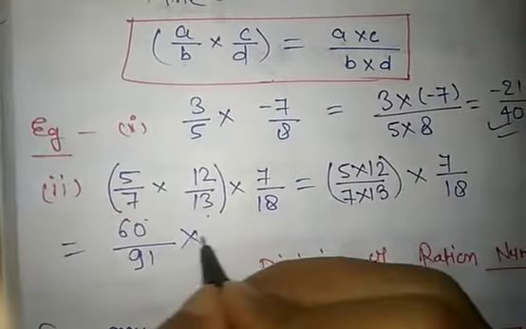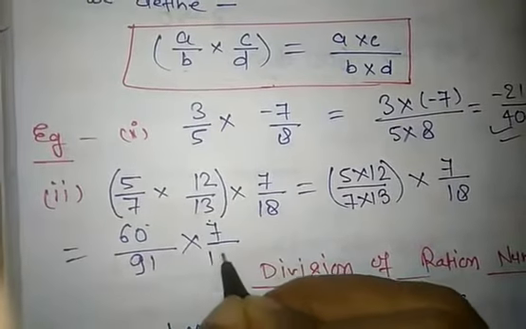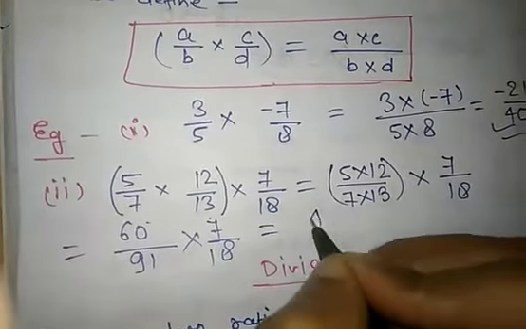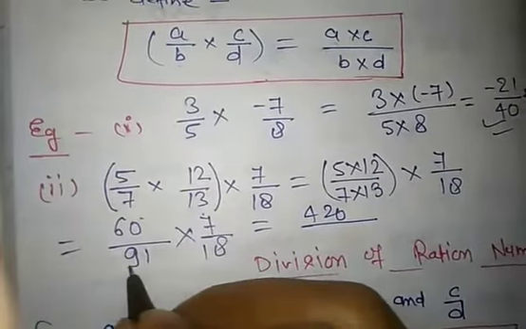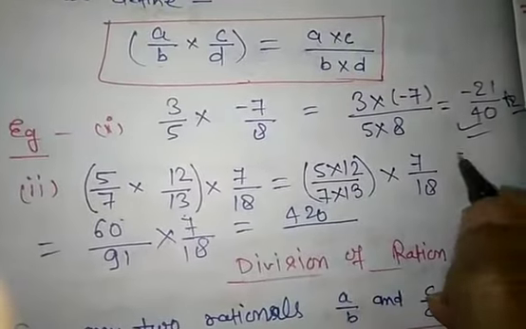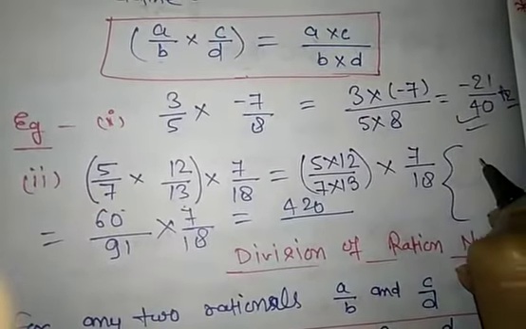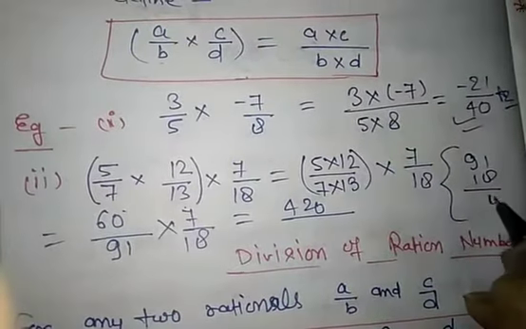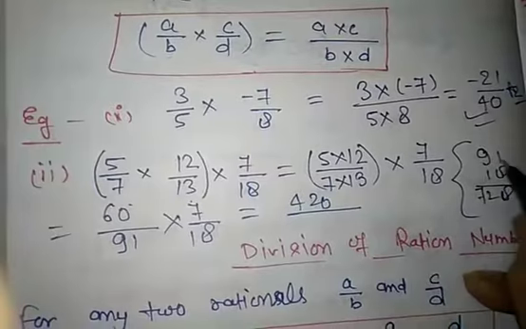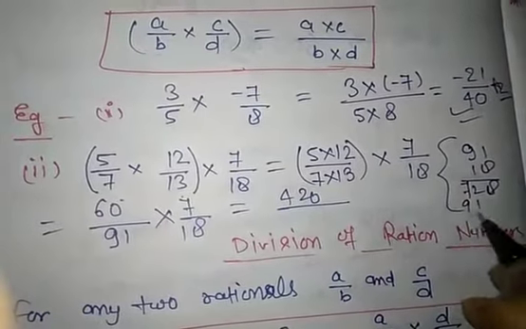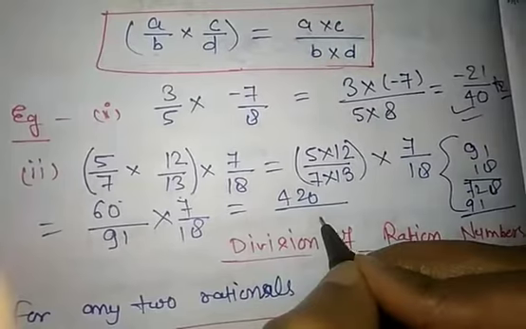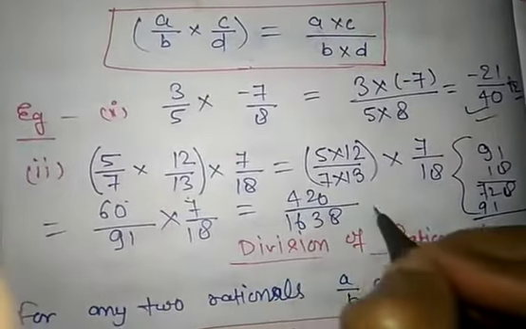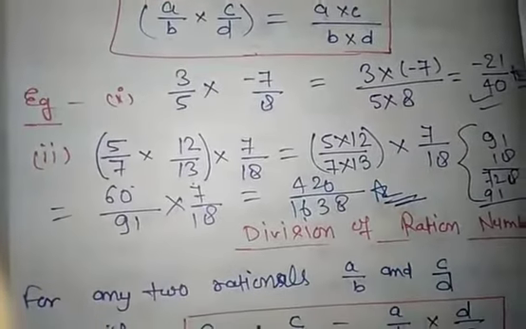Again, we multiply by 7 by 18. We get 420 by 91, and after simplifying we get 60 by 13. This is your answer.